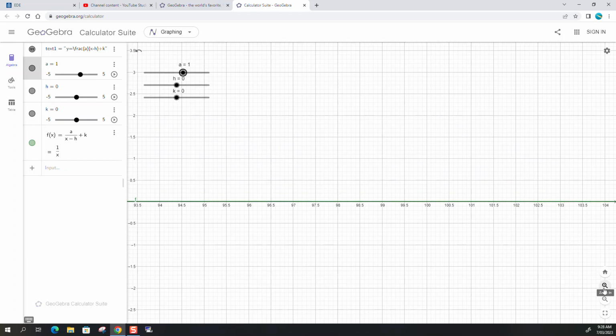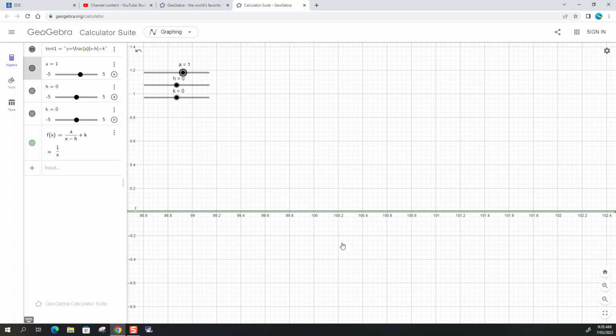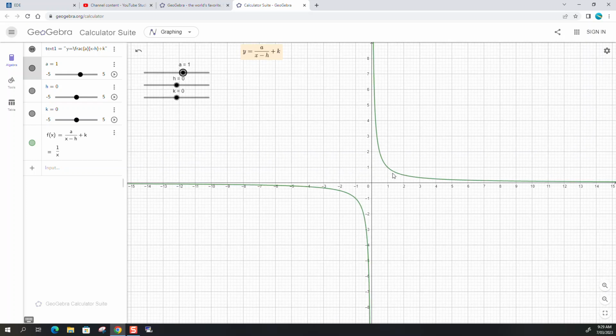I'd have to zoom in a very long way to see that, but no matter how far I go, the y value is getting smaller and smaller, but it will always be a positive number greater than 0. So that graph will run all the way along there, getting closer and closer, but never actually reaching the x-axis.